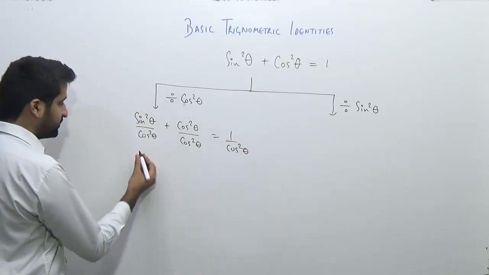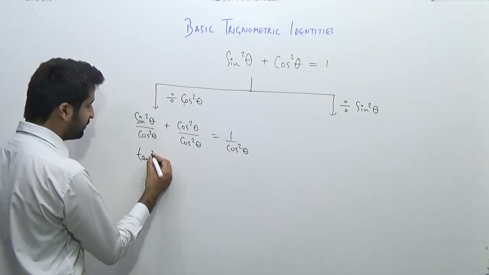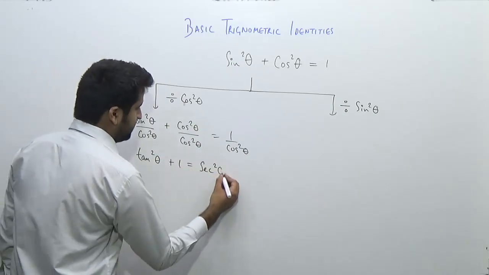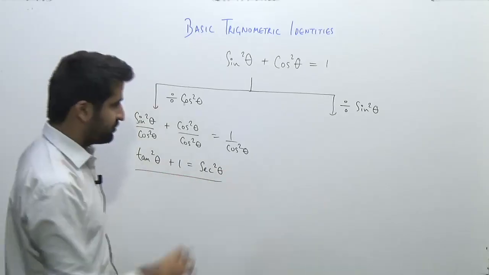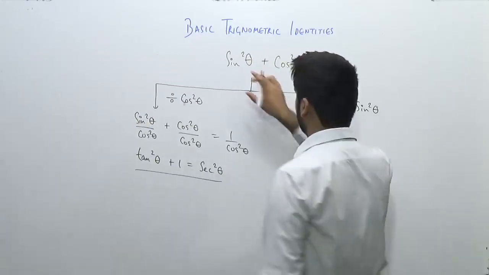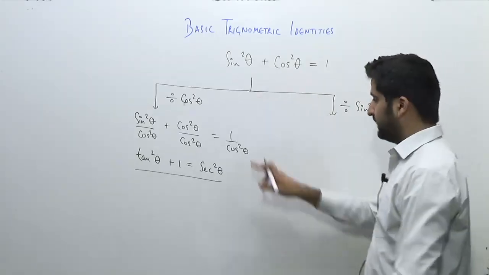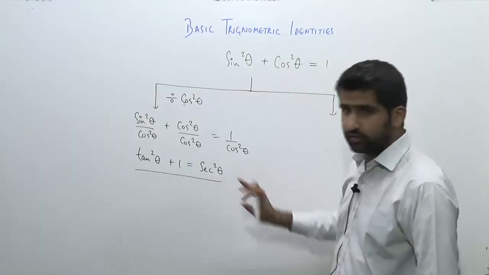Now sine upon cos will give you tan. So this is tan square theta plus 1 is equal to sec square theta. So this is the first derived trigonometric identity from this basic trigonometric identity, which is sine square theta plus cos square theta is equal to 1. And the second one will be 1 plus tan square theta is equal to sec square theta.